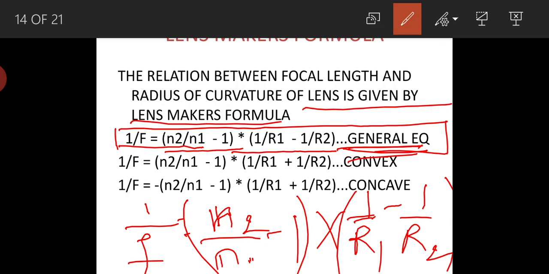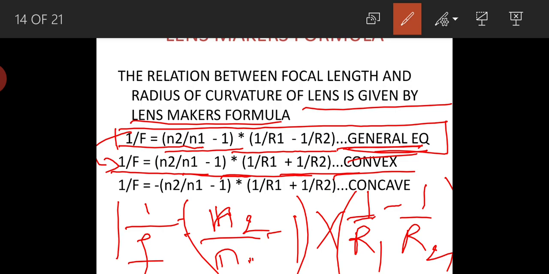So for a convex lens, this formula will change into 1 by f is equal to (n2 by n1 minus 1) into (1 by r1 plus 1 by r2).